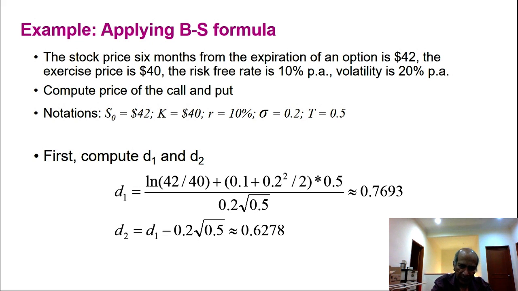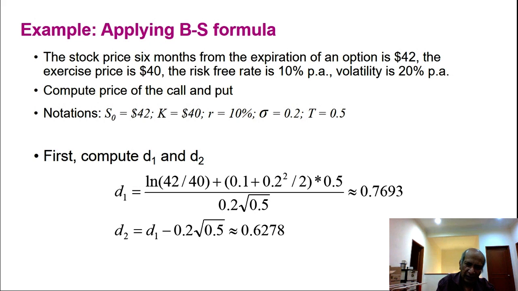Make sure you take a calculator and work with me, because many students make mistakes here. The natural log of 42 divided by 40, you have got the natural log button in your calculator. You will get a decimal figure there. Then you have to calculate this separately.